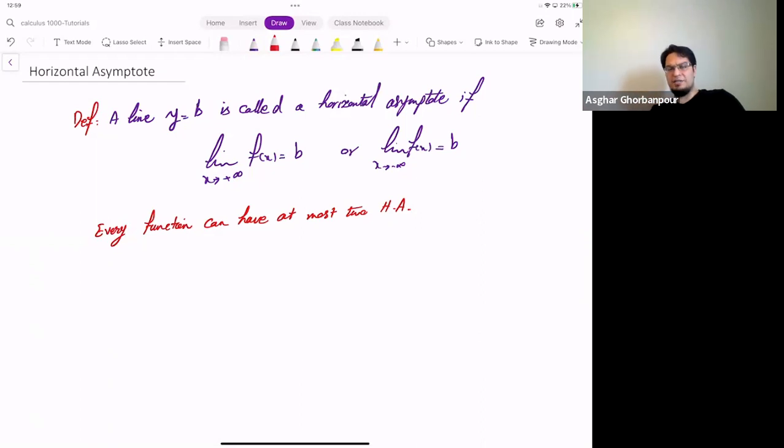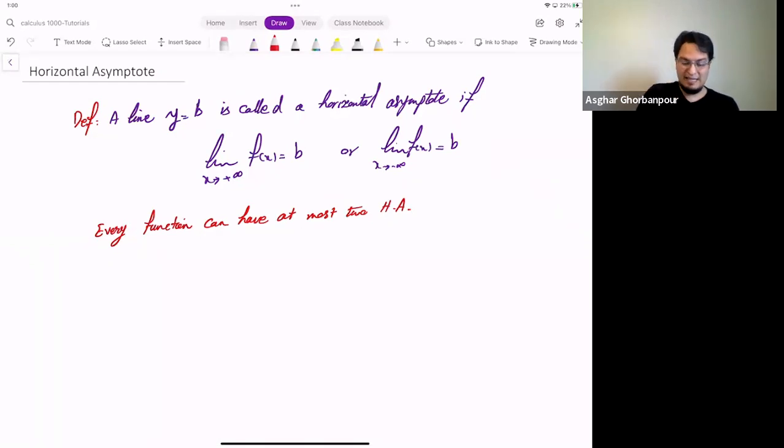If one is a number and the other is a different number, then we have two horizontal asymptotes. Compare this to the vertical asymptotes. You can have infinitely many vertical asymptotes, like tan x has infinitely many vertical asymptotes.